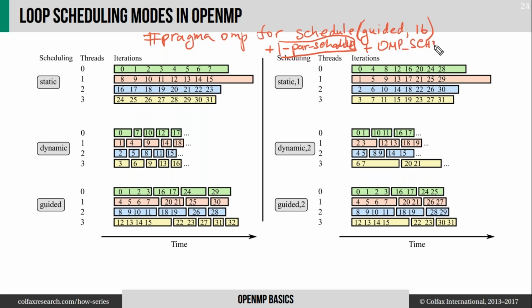Then at runtime, you can tweak the scheduling mode. I will demonstrate this in the hands-on exercises. So very simple. Just change one keyword and you're changing the algorithm of load balancing.